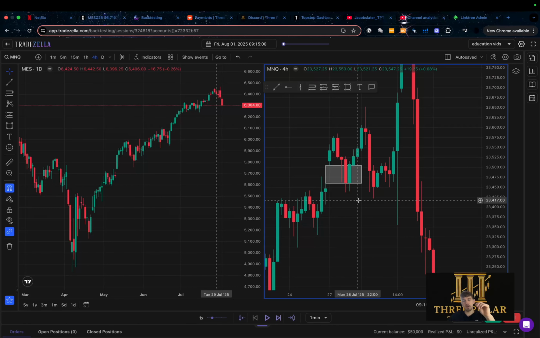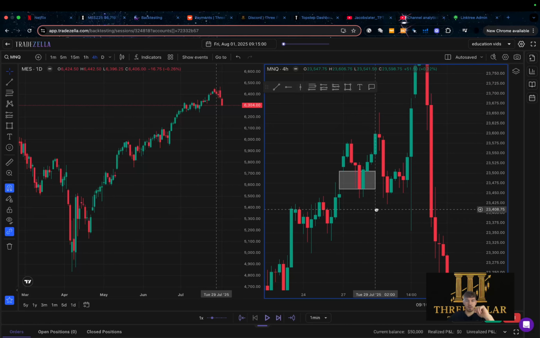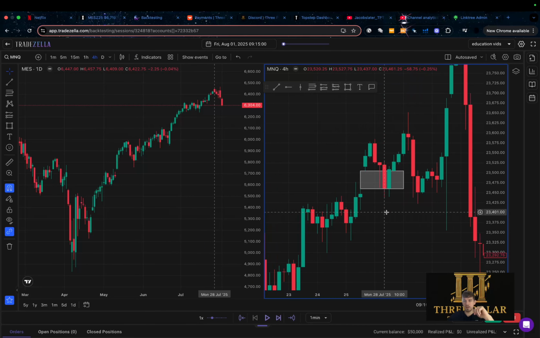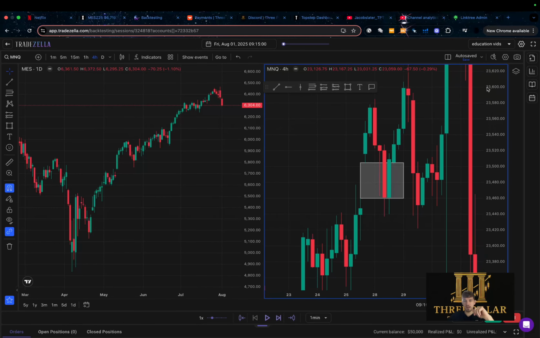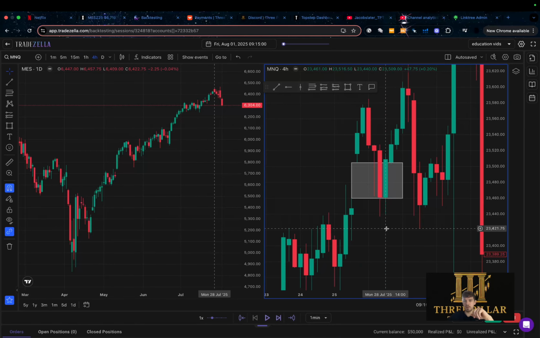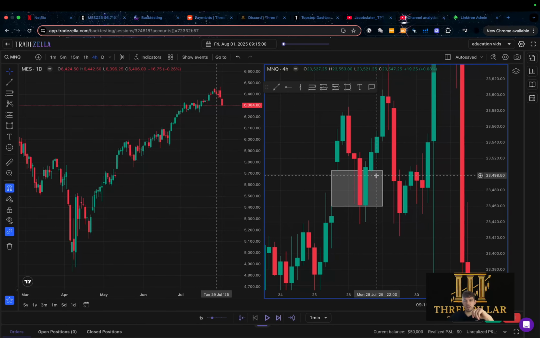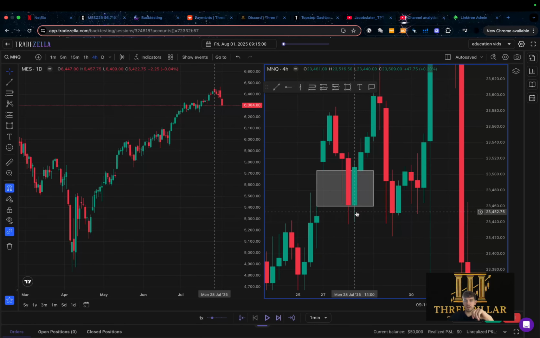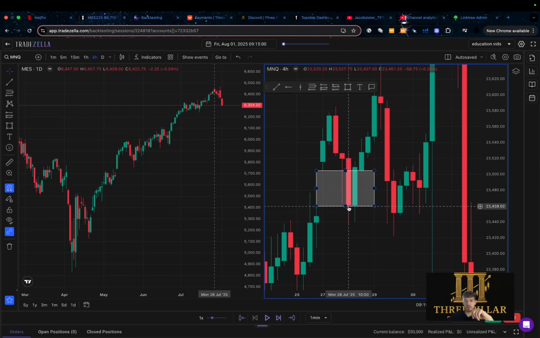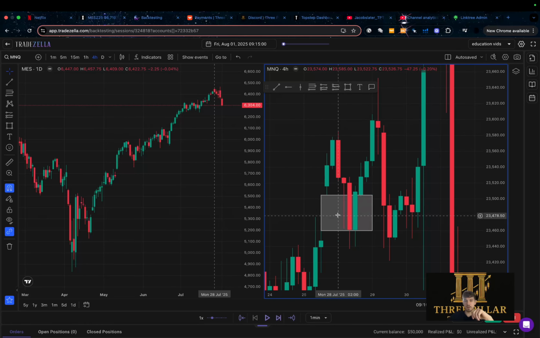We treat those like fair value gaps essentially. They need to be filled, and typically price will come back down and fill those gaps. Price tends to fill at least 50% of these gaps. You can see it's not closed through this gap here, it's closed and then moved away. So it needs to fill this price area where you've got the gap.